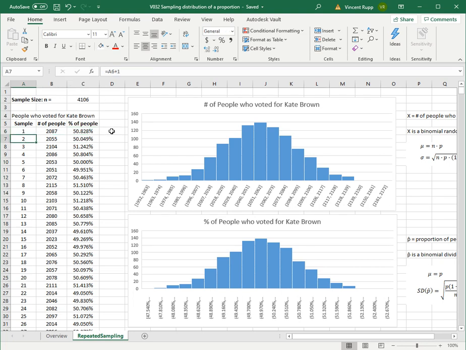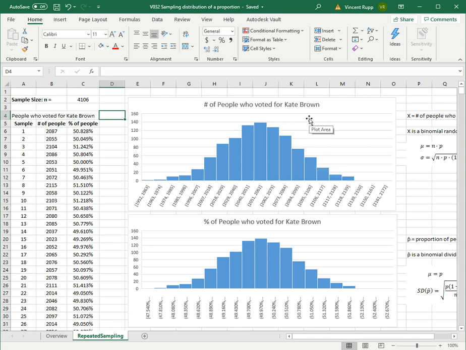And we just kept doing this. In the second one, a little lower, 2,055, which was 50.049%. And keep in mind, the percent of all people was 50.1%. So sometimes these are a little higher, sometimes a little lower. The number of people is sometimes higher or lower, but we don't know how many is exactly 50.1% unless we calculated it. So I did this 1,000 times, 1,000 different random samples of 4,106 people each, and you make a distribution.